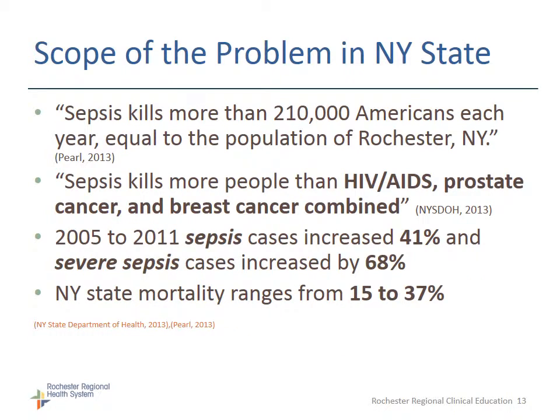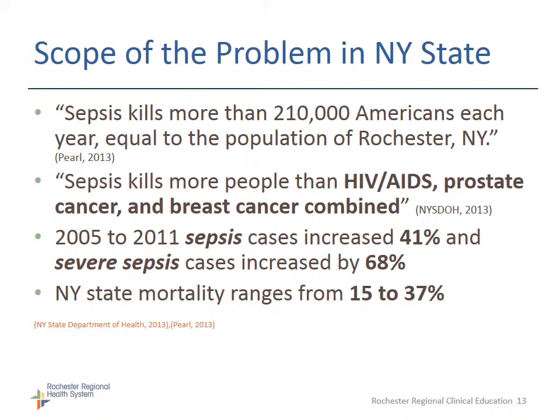This is a quote from a CEO of a large medical group. Sepsis kills more than 210,000 Americans each year, equal to the population of Rochester, New York. This puts it into perspective. He also states that sepsis-related deaths and serious consequences are preventable for as many as 30% by a simple blood test.